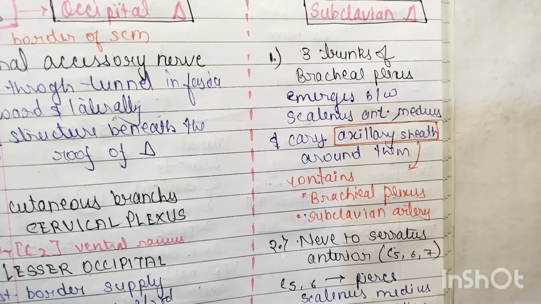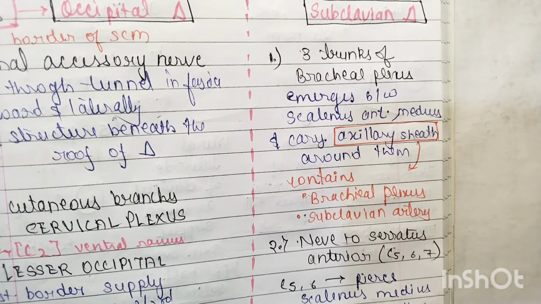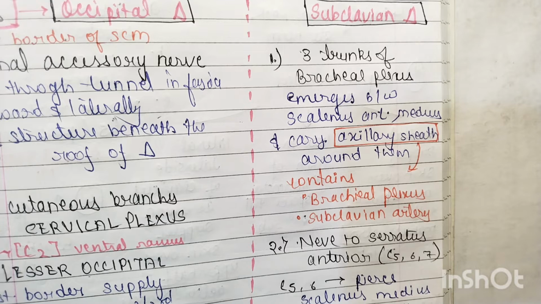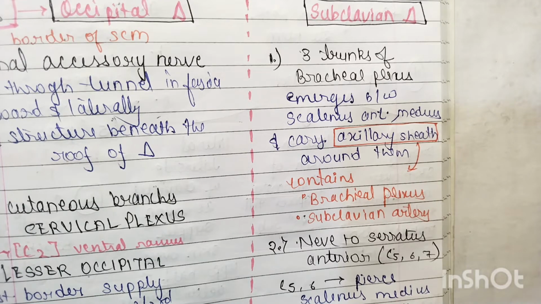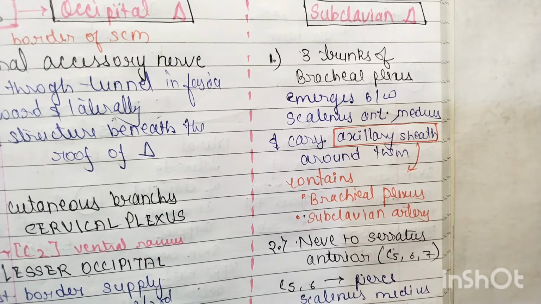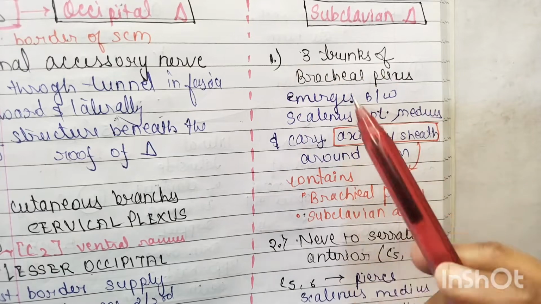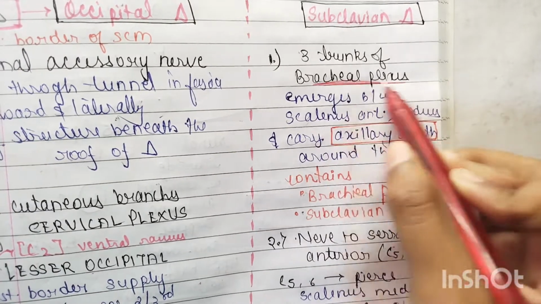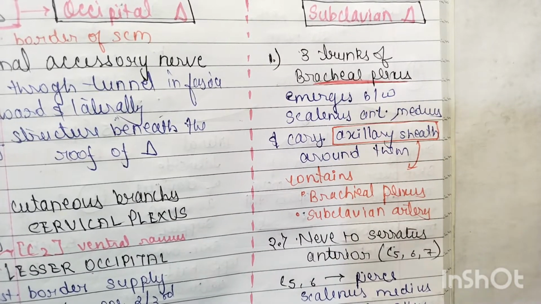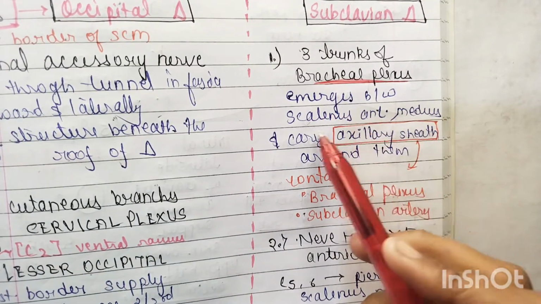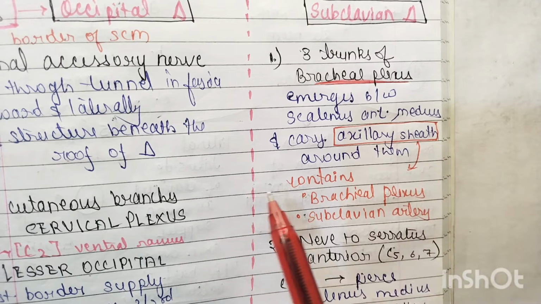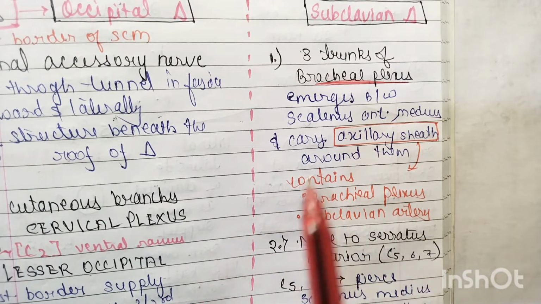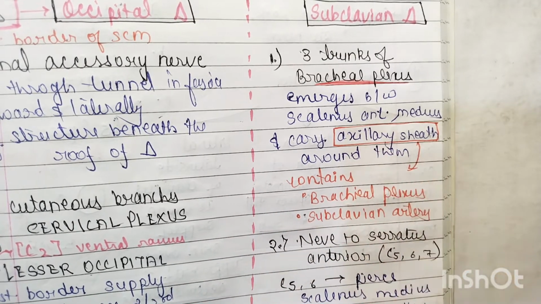First we discuss the subclavian triangle, because the occipital triangle is a long part as compared to the subclavian triangle. In the subclavian triangle we have 3 trunks of the brachial plexus. All of these emerge between scalenus anterior and medius and carry the axillary sheath around them.